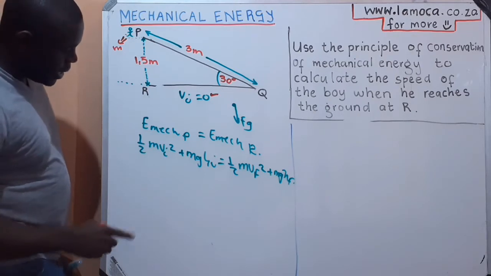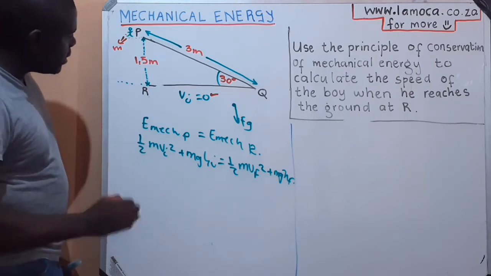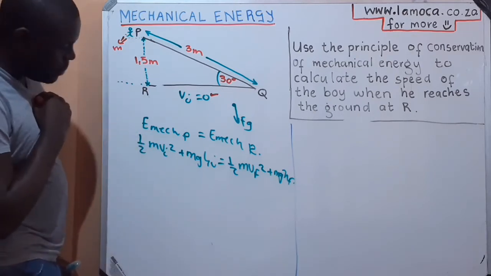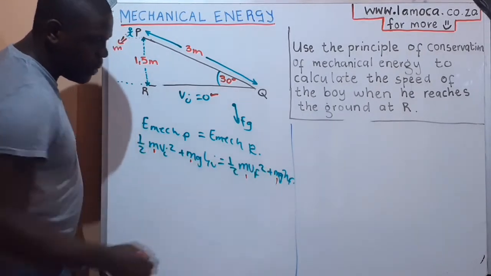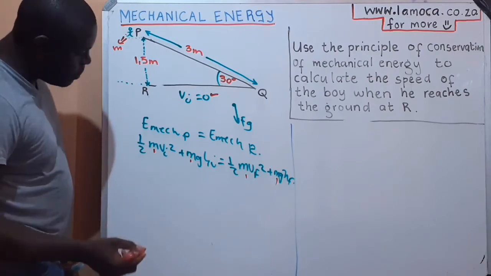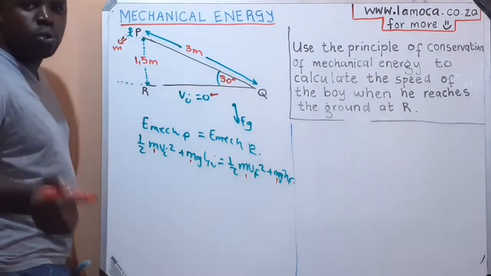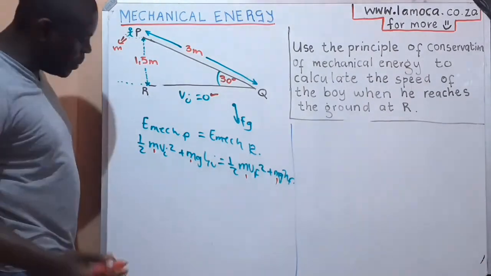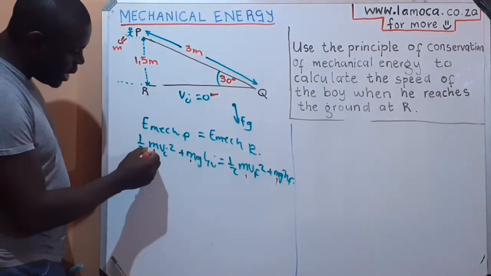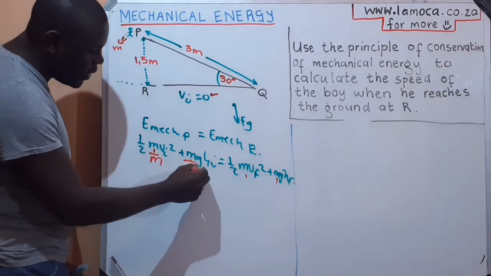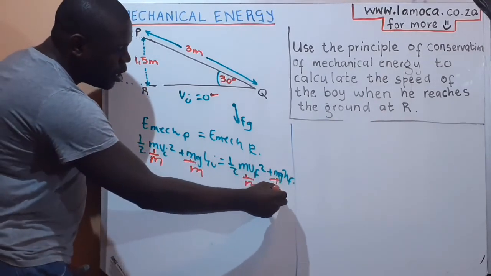So let's apply that. Since we are told that the mass is m, wherever I see m, I'm going to put the same m. Even if the mass of the boy was told to be 20 kilograms or 40 kilograms, I would put the same value everywhere, which makes it exciting because I can just divide by the same m throughout.